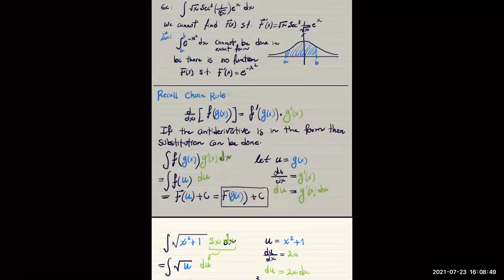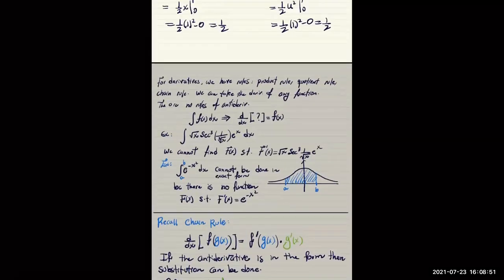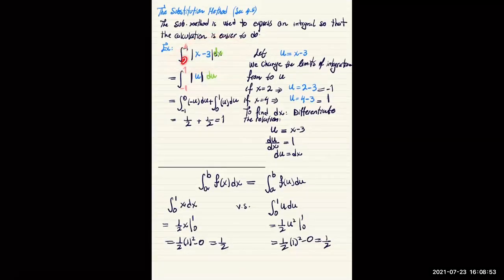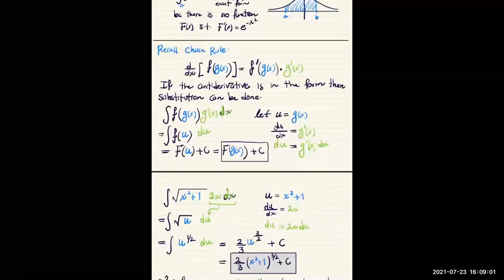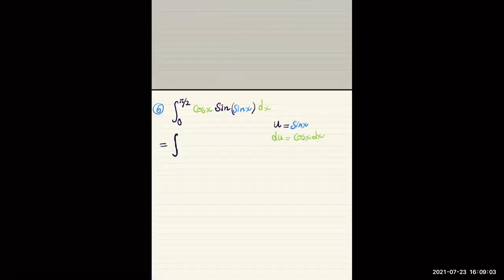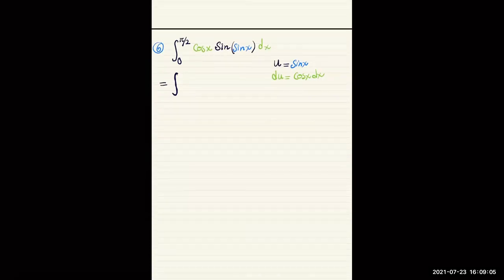Just like that example from yesterday where we transformed this integral from 2 to 4 to an integral from -1 to 1. We have to switch the limits of integration. I'm going to switch those in a second, but please don't copy those down. This would be wrong.